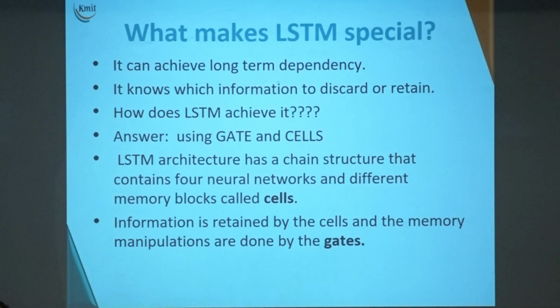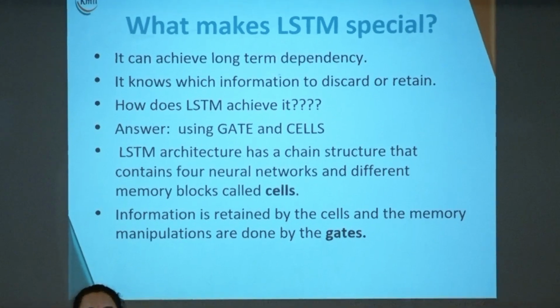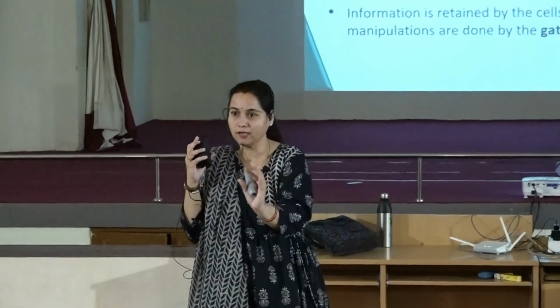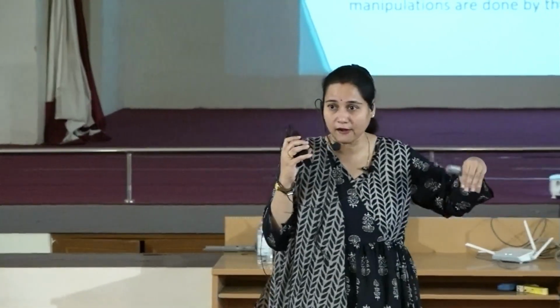Thus the name long short-term memory. It is still short-term memory because you are discarding whatever information is irrelevant. Relevant information you keep for a longer duration, which helps in the prediction of your output. That's how the name falls as what?